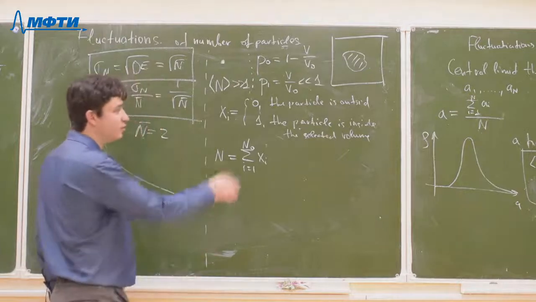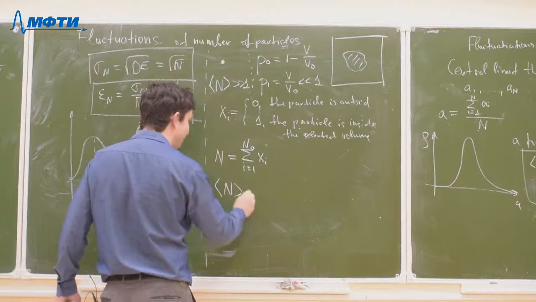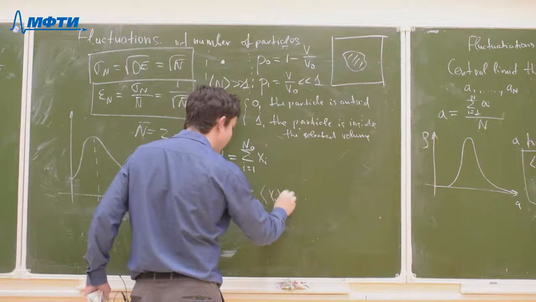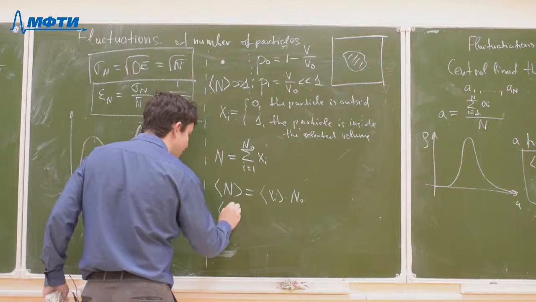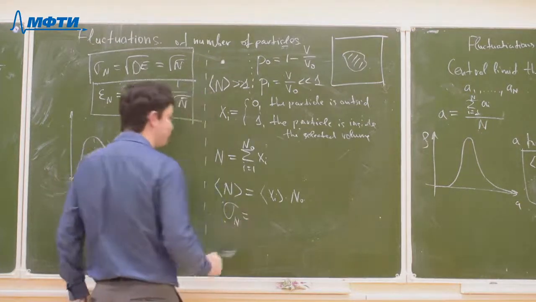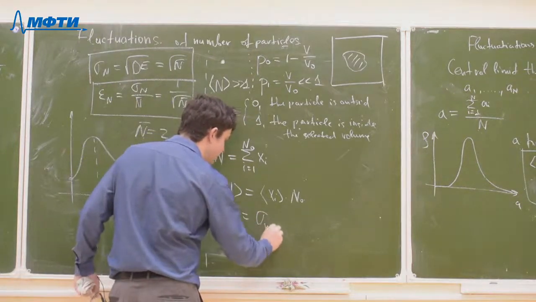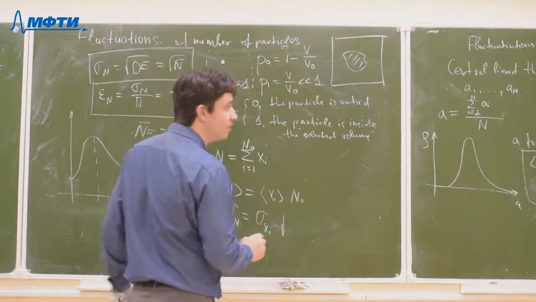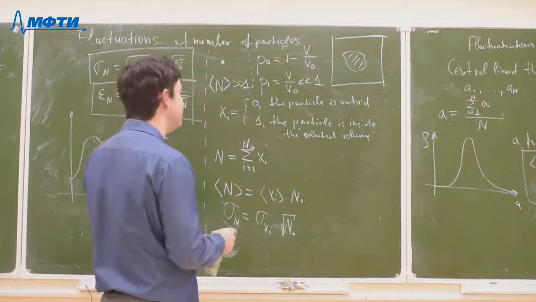So from the central limit theorem, we obtain that the average number n is equal to the average of xi multiplied by N0, and the standard deviation for the number of particles inside the selected volume is equal to sigma xi multiplied by, what? By square root of N0. Now let's get to calculations.